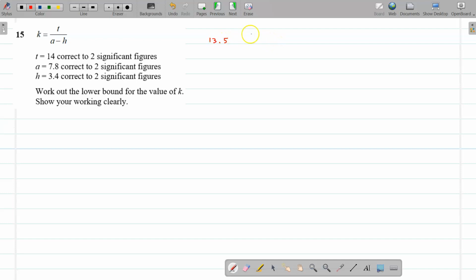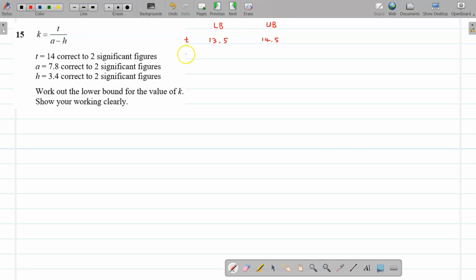Okay, so I'm going to do a little table actually like this. This is often quicker. So there's the two numbers. It's come from those two, anywhere in that range. This is what we call the lower bound, and this is the upper bound. Okay, and this is for t.